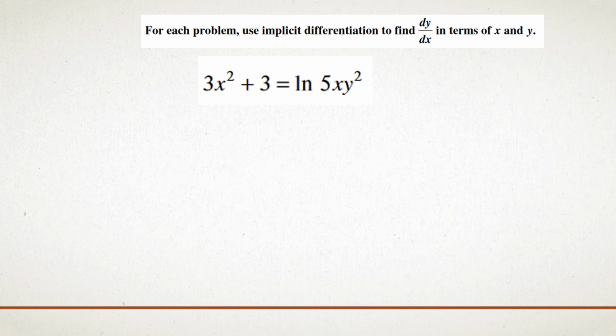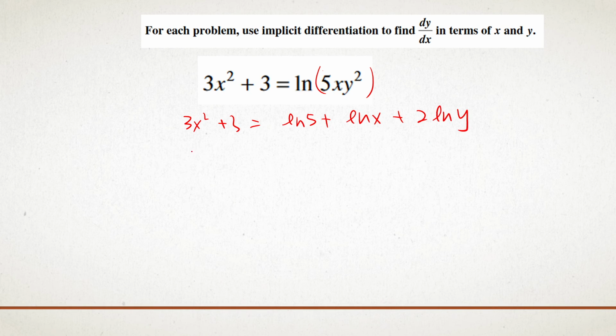Now for this one, it is also the same, using implicit differentiation. But although it's implicit differentiation, I can still use the logarithm rule. So I have 3x squared plus 3 equals ln 5 plus ln x plus 2 ln y. I use the logarithm rule, so I no need to use the product rule.